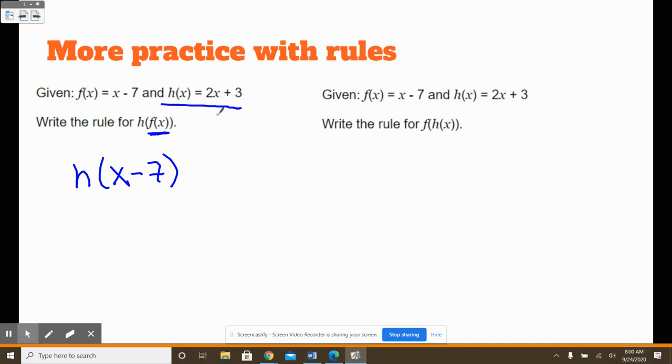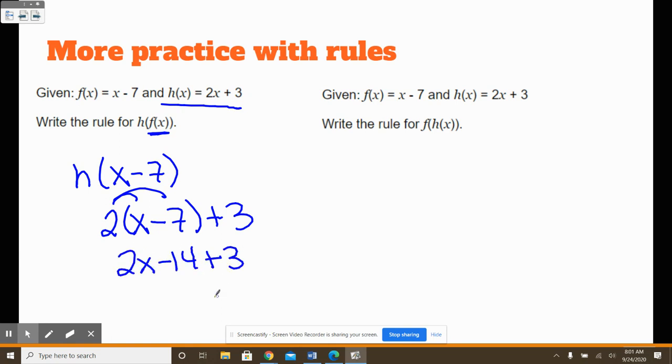Take out the x and put in x minus 7 in parentheses. So that's 2 times x minus 7 plus 3. You will have to clean this up. 2x minus 14 plus 3, which is 2x minus 11. So a shortcut to the function where f of x happens first and then it dumps into h of x would be 2x minus 11.